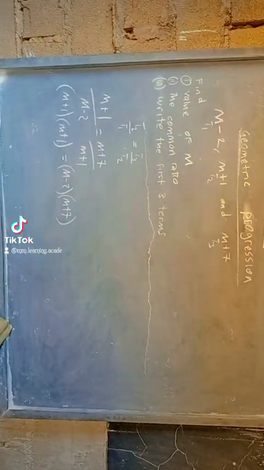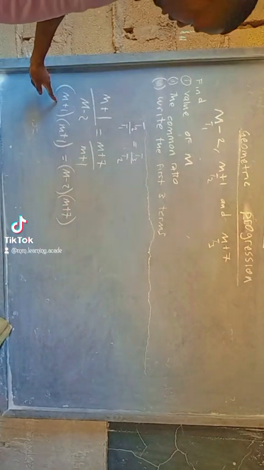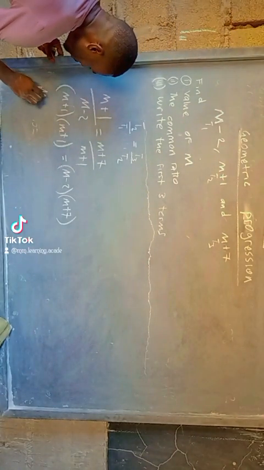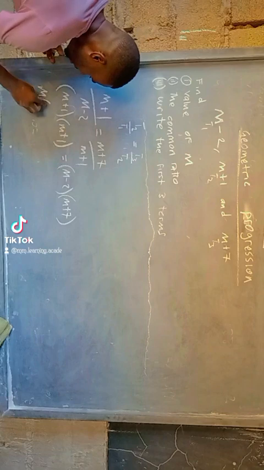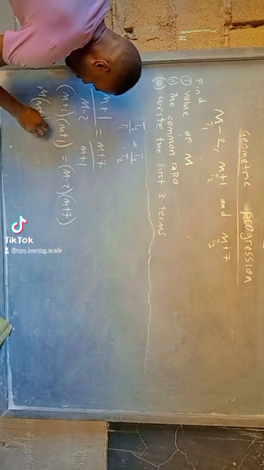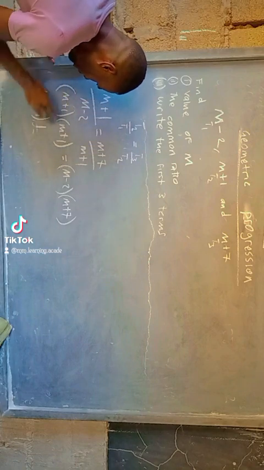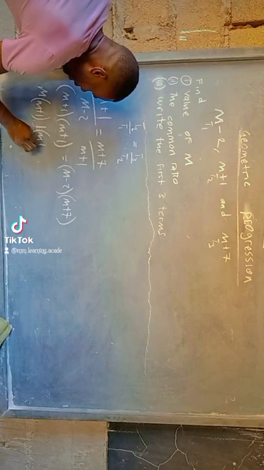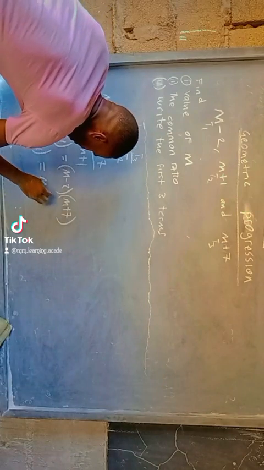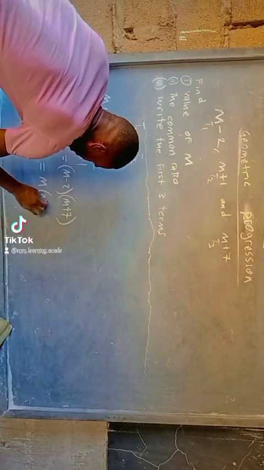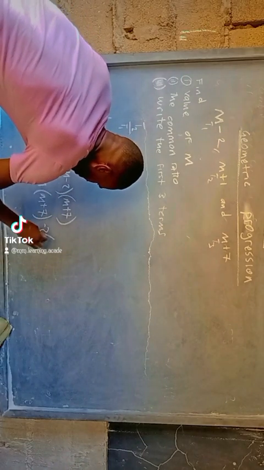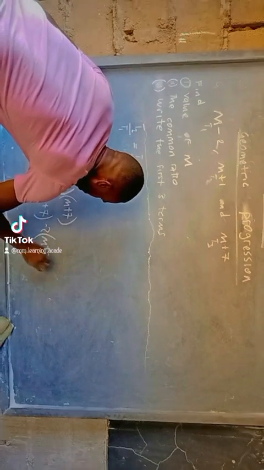When we look at this, we can expand the terms. m times m plus 1, then 1 multiplying m plus 1, and on this side m multiplying m plus 7, then negative 2 multiplying m plus 7.